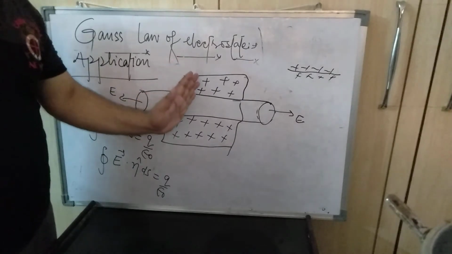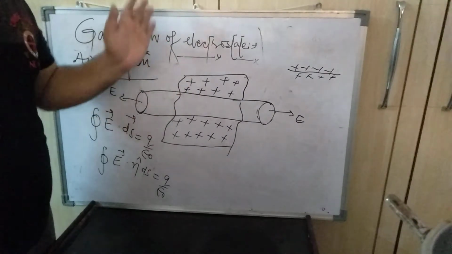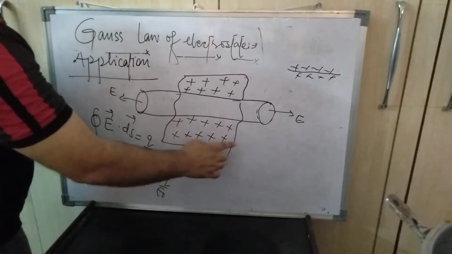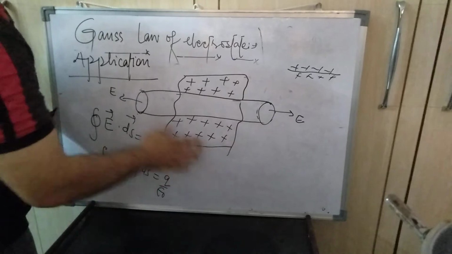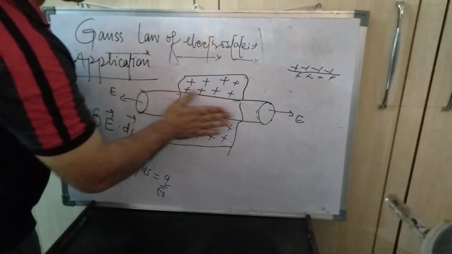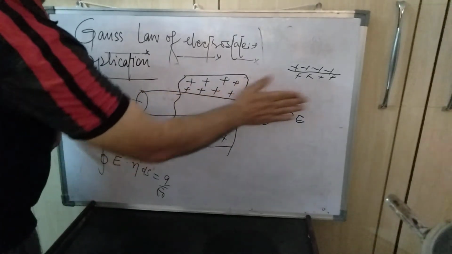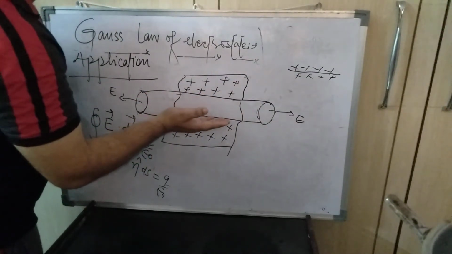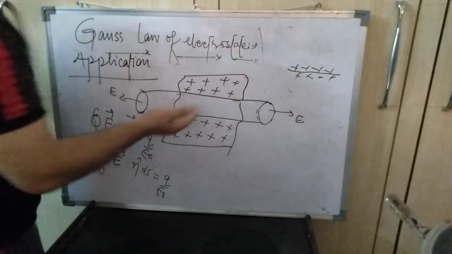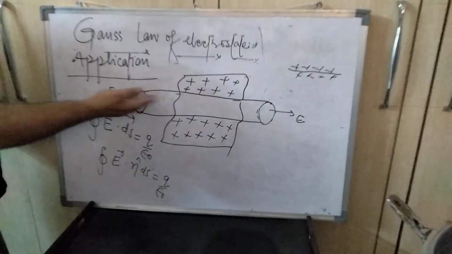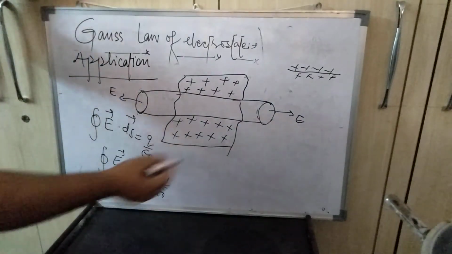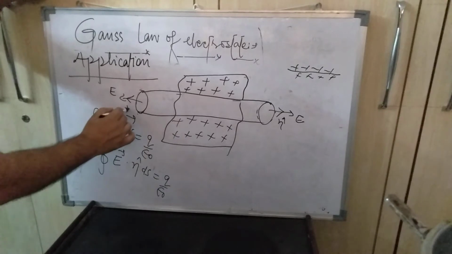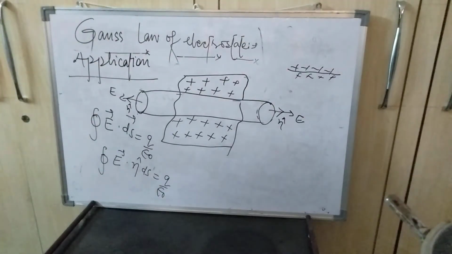Because the field originates from the positive end and reaches the negative end, that's why the field of the charge residing over the surface of the planar sheet will be outward. And we know that n will also be in the same direction. Here, if you see, n will also be in the same direction.